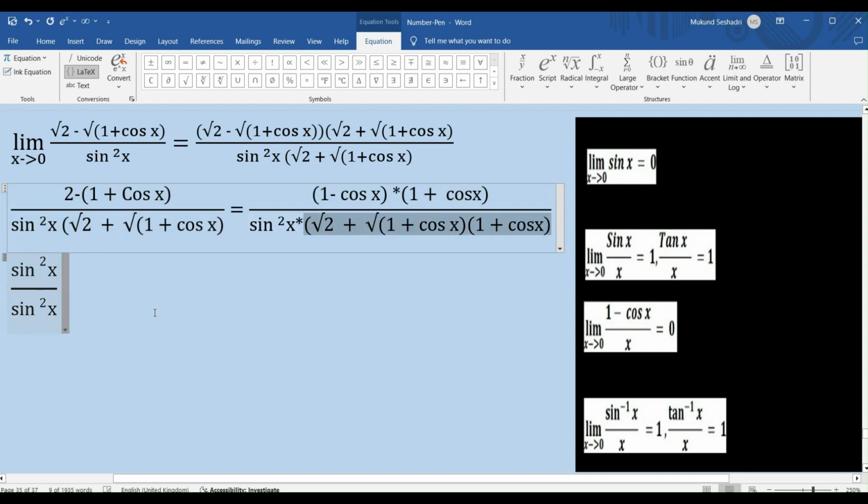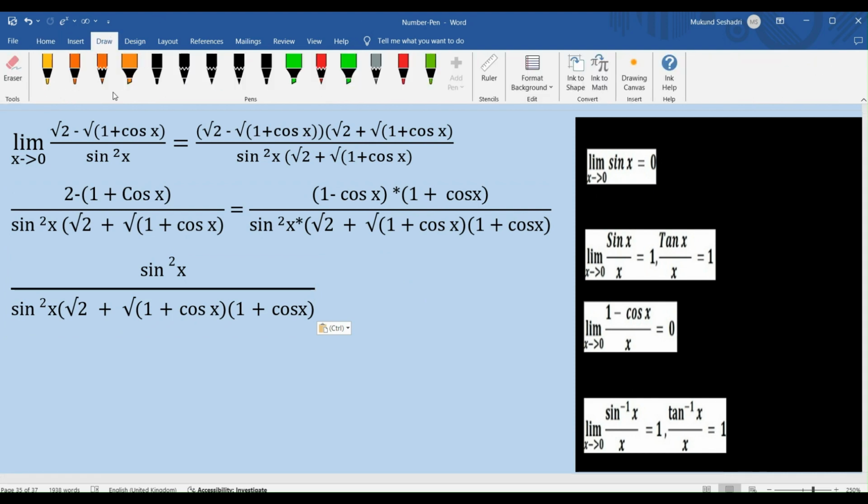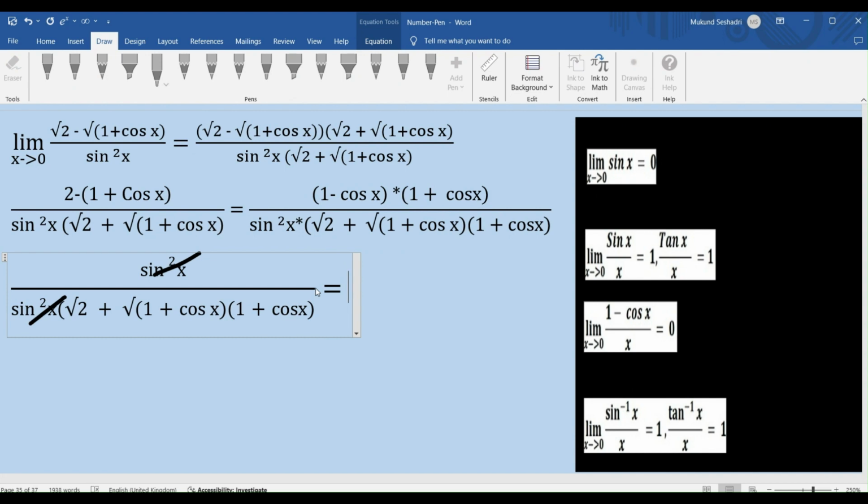So the remaining part of the expression, which is my root 2 plus root of 1 plus cos x into 1 plus cos x, tends to a finite number, right? As x tends to 0, we know what it is. So we can cancel out the sine square x terms, and we are left with a finite number.